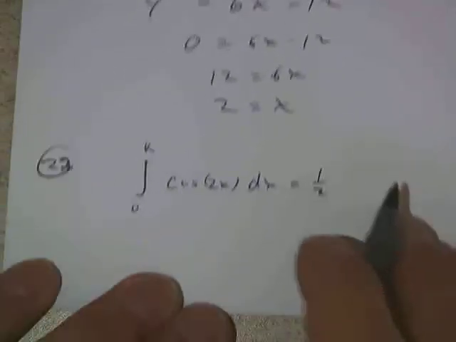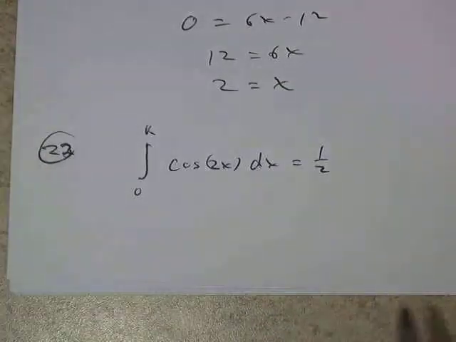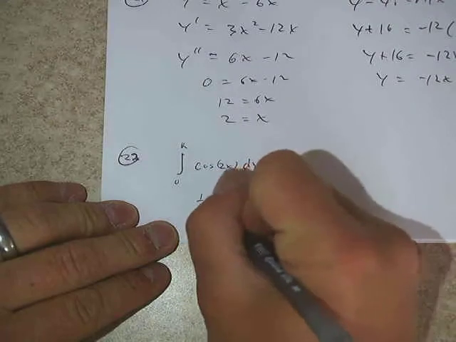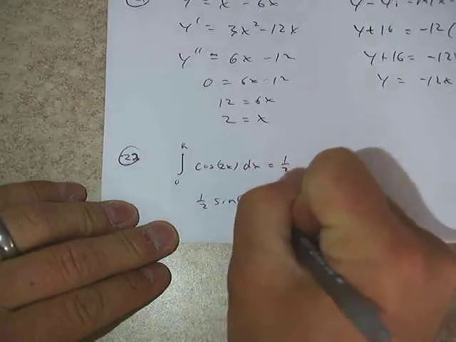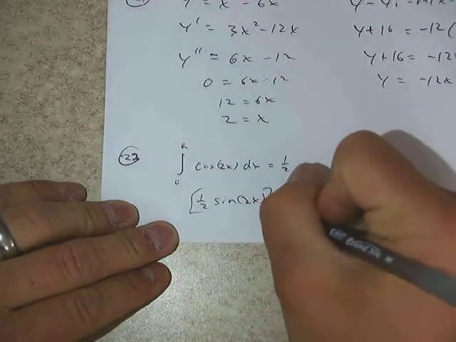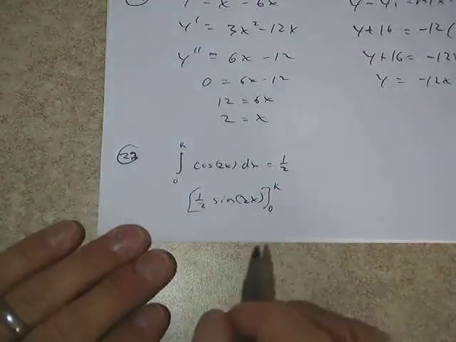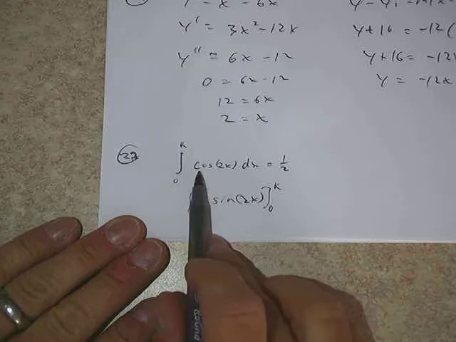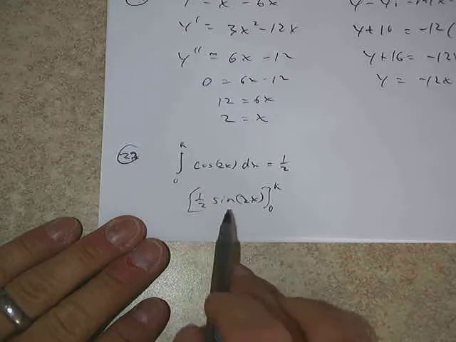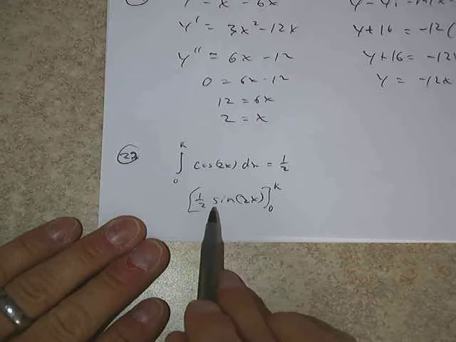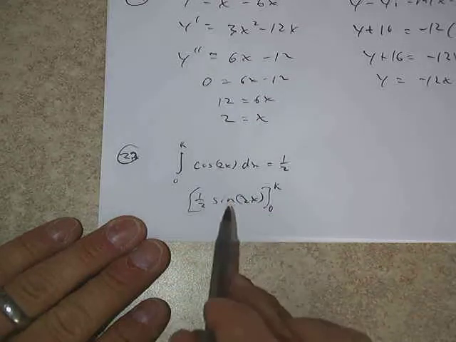22, it says k is between 0 and pi. We're going from 0 to k of cosine 2x dx equals a half. And we want to know what is that value of k. Well, if we anti-differentiate here, which we certainly can, we would get 1 half sine 2x as our antiderivative.